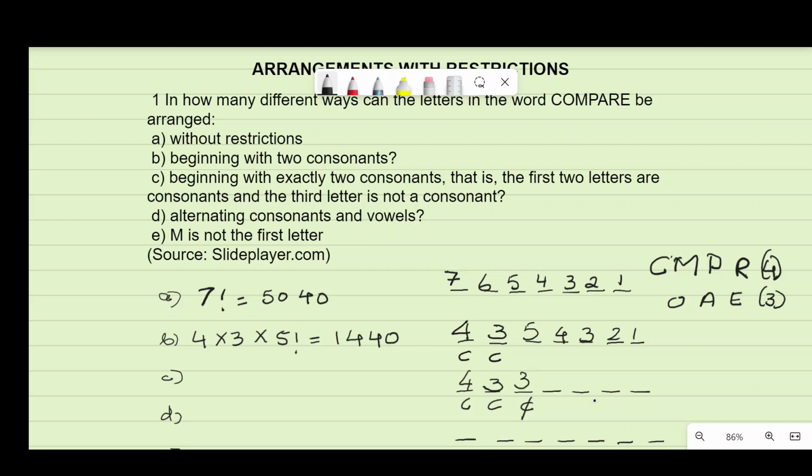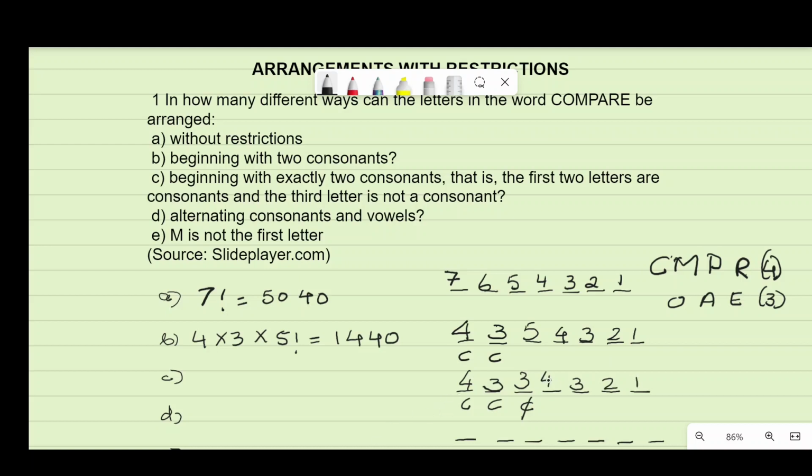But here there are no restrictions. So any of the 7 letters can come here, but we already used 3 in the first 3 positions. How many letters are remaining out of 7? 3 are used, so 4 letters are remaining. So from here, when there are no restrictions, that's when the factorial starts.